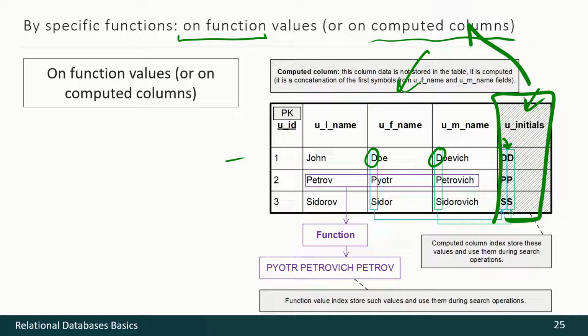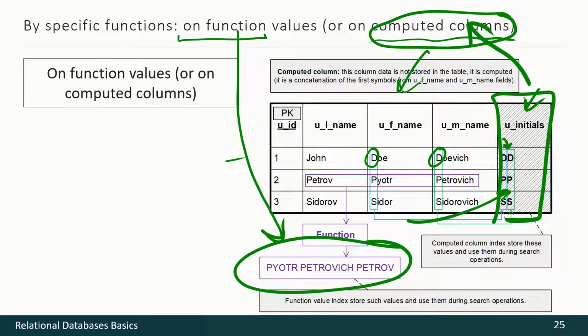It's a computed column. Nevertheless, if we want to search some people quickly by their initials, we may use an index on computed columns, or maybe an index on a function value. The idea is the same. So we may index something that does not really exist in the table.